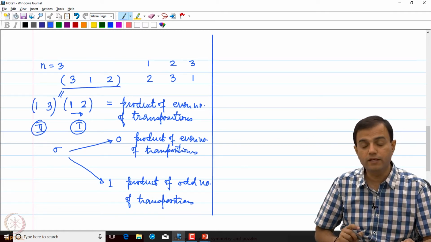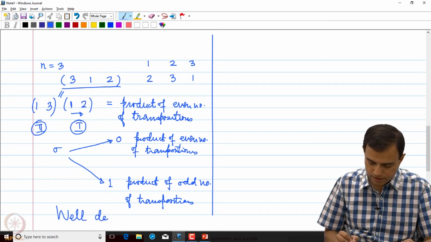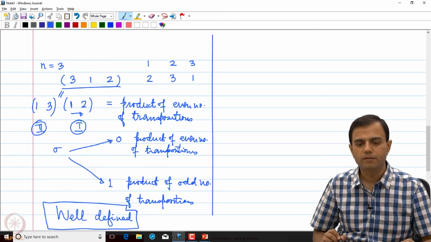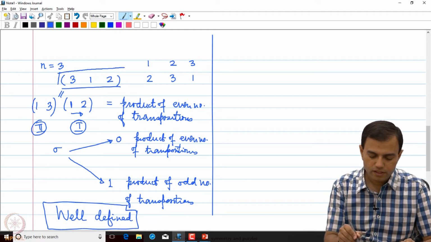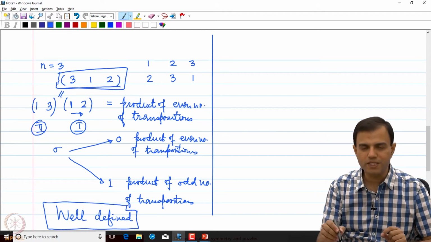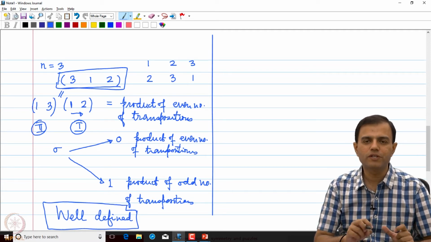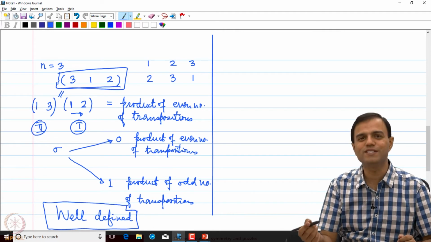One important thing, and it needs proof and I am not proving it, is that this assignment is well defined. What's the meaning of that? The meaning of well defined is that if you have a permutation and suppose there are two different ways of expressing it as a product of transpositions, and if in one of the ways the number of transpositions required is even, then in any other way also the number of transpositions required will again be even.